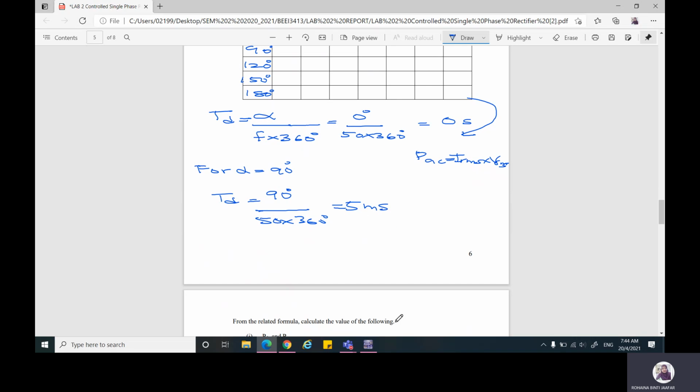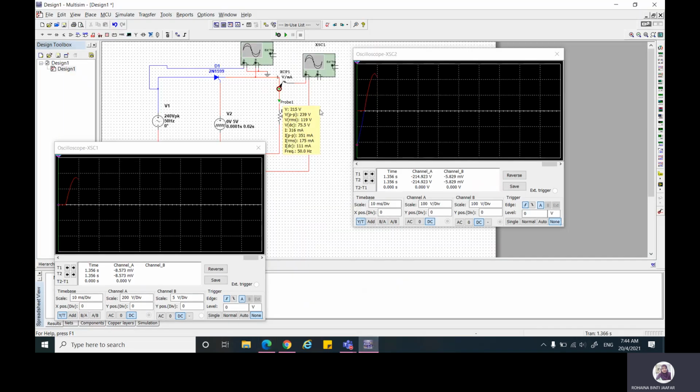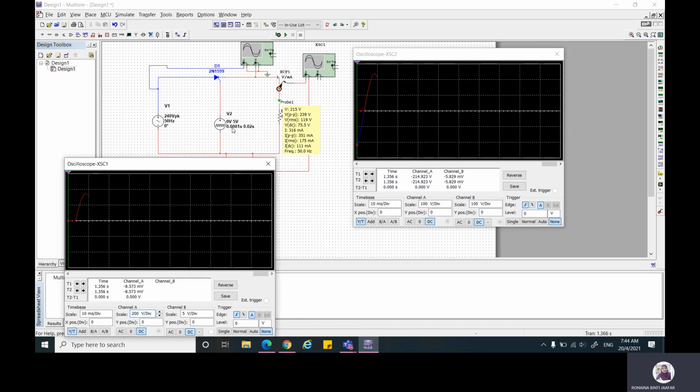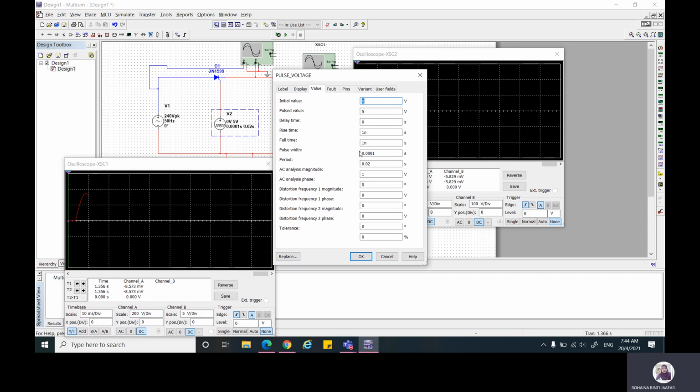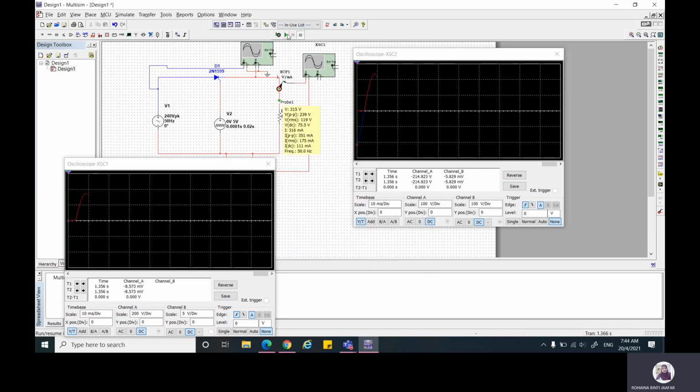Okay, and then you only need to change the time delay. So time delay here, okay, change to 5 milli. So this is your setting for firing angle 90 degree. Click OK and then run your simulation.